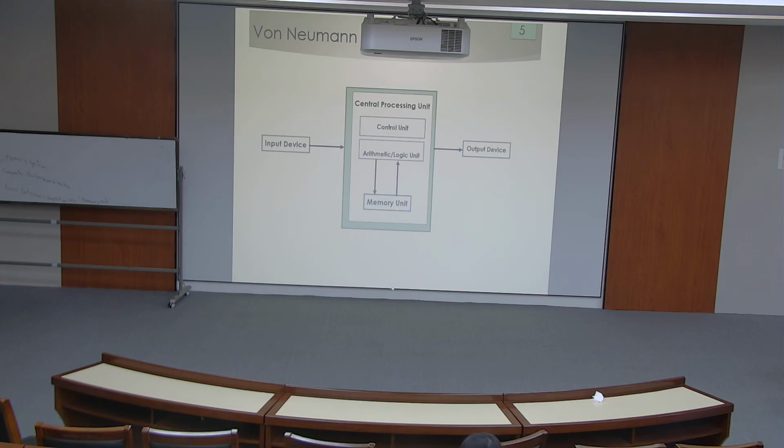As you can see from this picture on the screen, we have a single memory unit to store data and instructions. It has the central processing unit, which includes the control unit and arithmetic logic unit. The main characteristic of von Neumann architecture is that it stores data and instruction in the same memory unit.